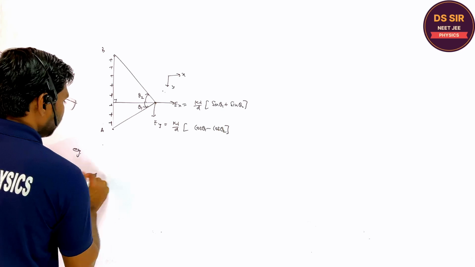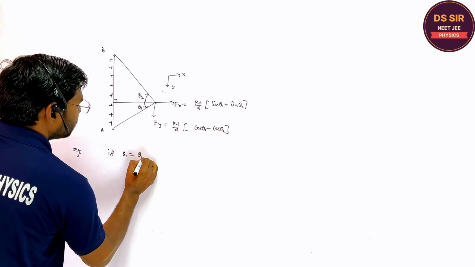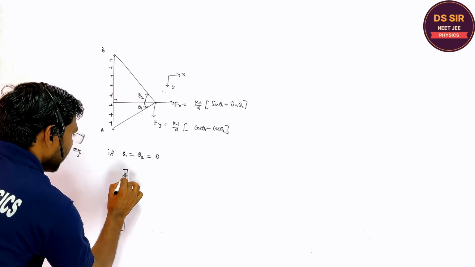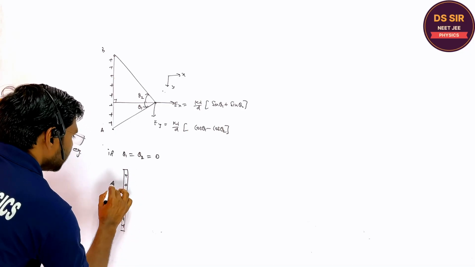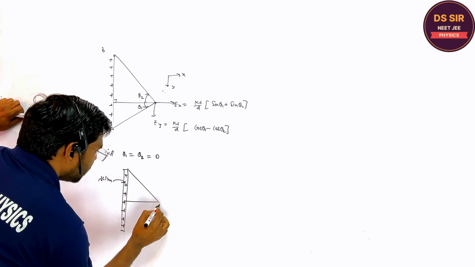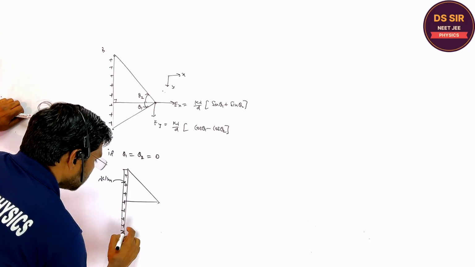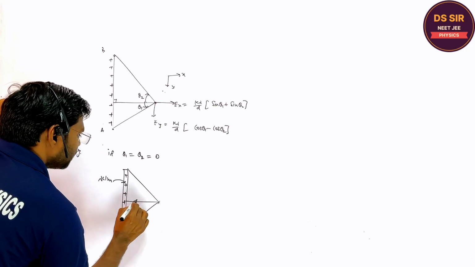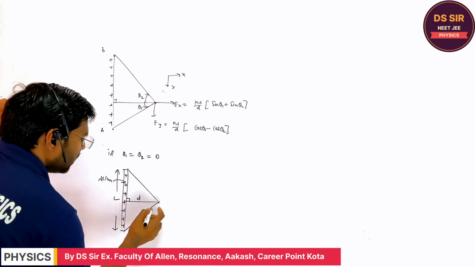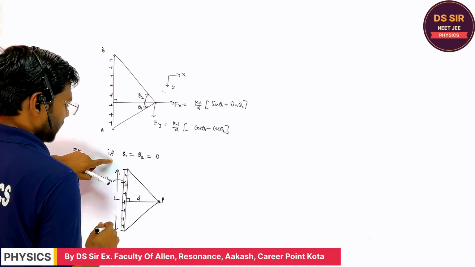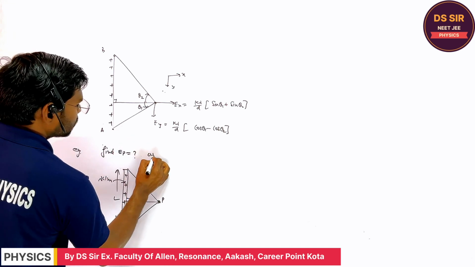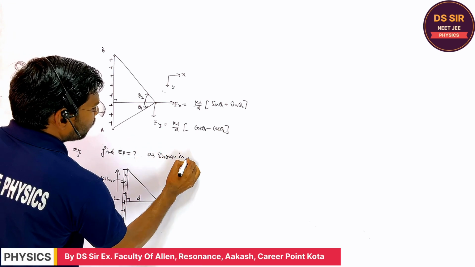For example, if theta 1 and theta 2 both are equal, then if this is the rod and it has the linear charge density, suppose lambda coulomb per meter, it is the midpoint, and this distance, suppose this is the distance d, the rod of length L is over there, and this is the point P. So you have to find the electrostatic field at point P as shown in the figure.